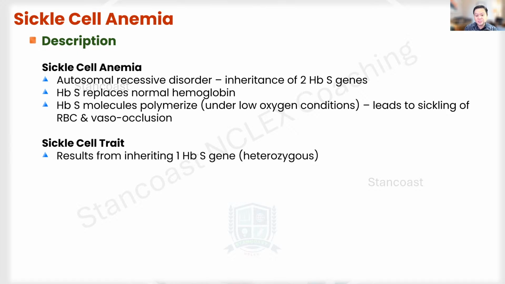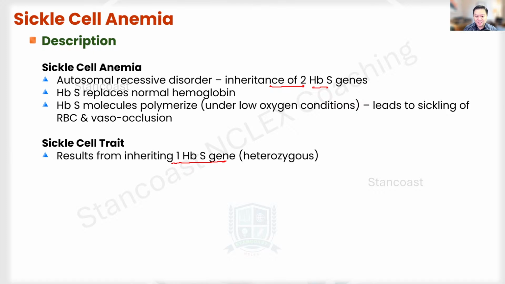With the sickle cell trait, the person is only inheriting one abnormal HbS gene. In comparison, the person with sickle cell anemia inherits two defective genes, but in sickle cell trait, they only inherit the one defective gene.